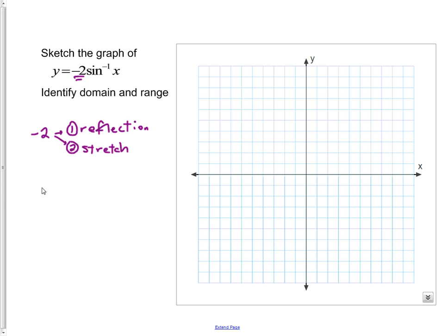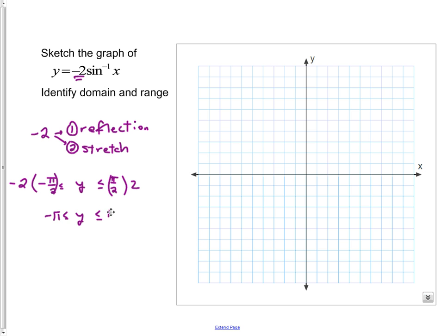So the y values normally, without a stretch, would go negative pi over 2 to positive pi over 2. But what's going to happen is that the values for our function are going to go between twice that. So we're going to go from negative 2 to 2 times those values, which means we're going to go from negative pi to positive pi.